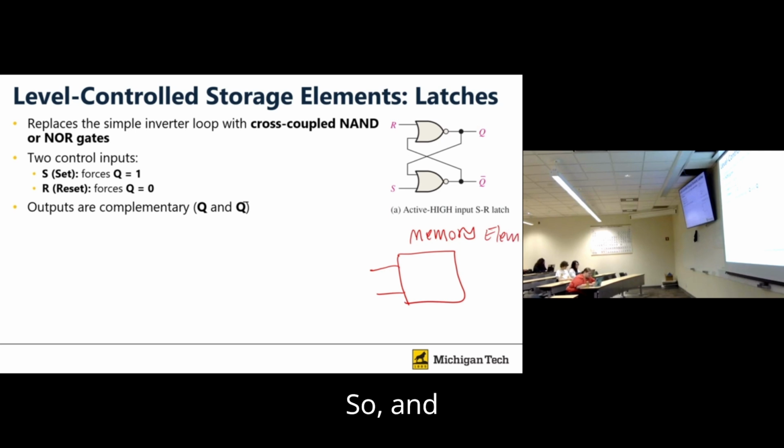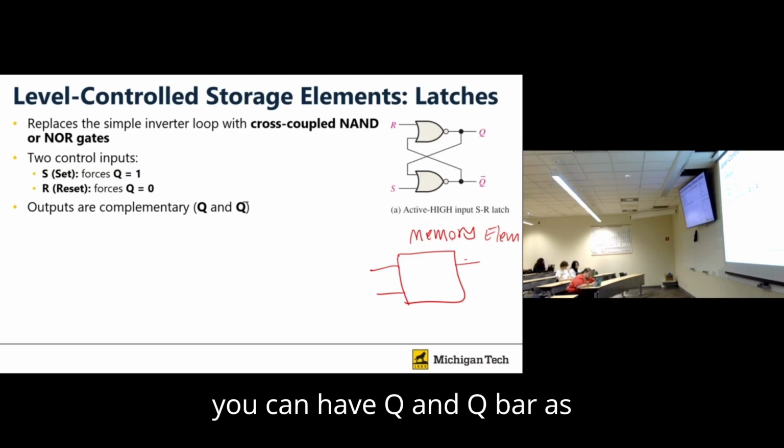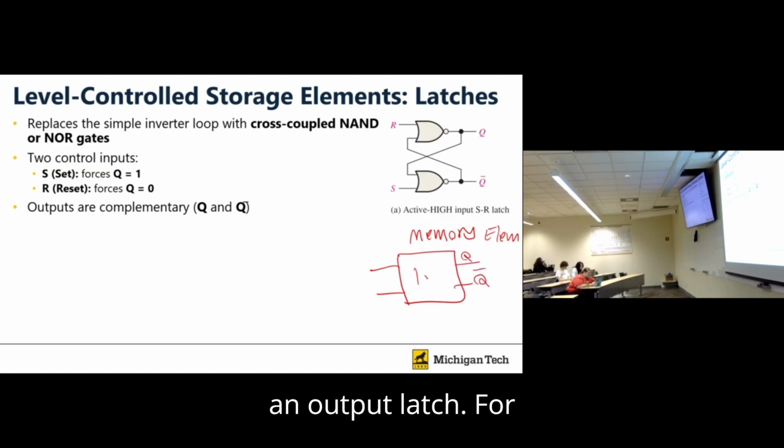And you can have Q and Q bar as outputs of the latch. For example, this is the latch with inputs R and S. And there is no clock.